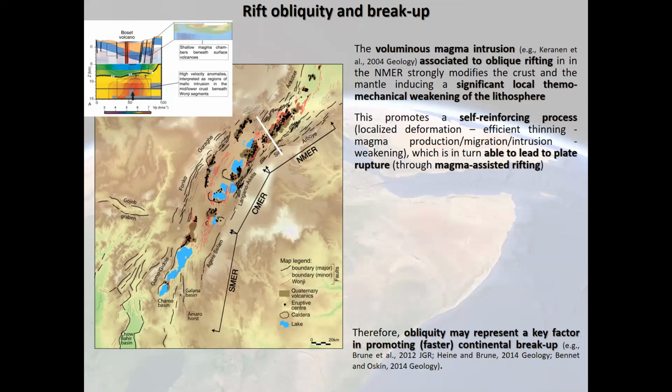So this is very important because, of course, since obliquity promotes a much faster, let's say, evolution of rifting, obliquity can be a key factor in promoting faster continental breakup, as suggested by other numerical studies, for instance, by Sascha Brune and his group.